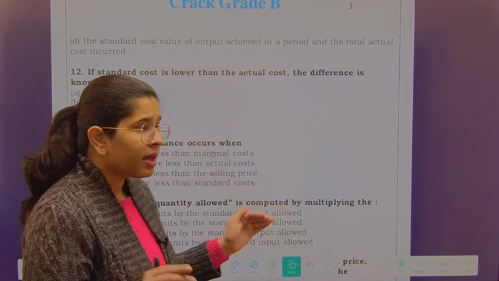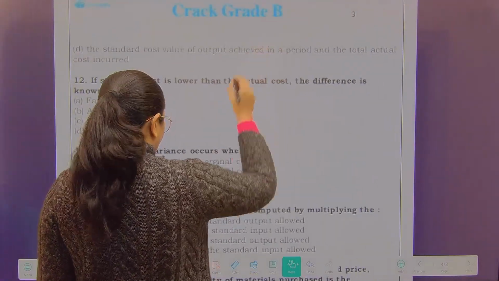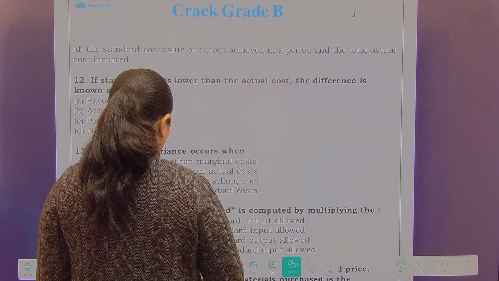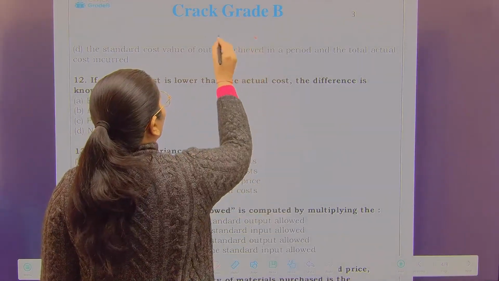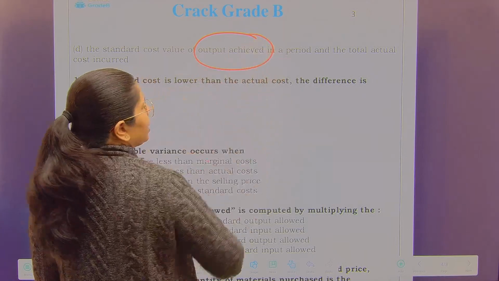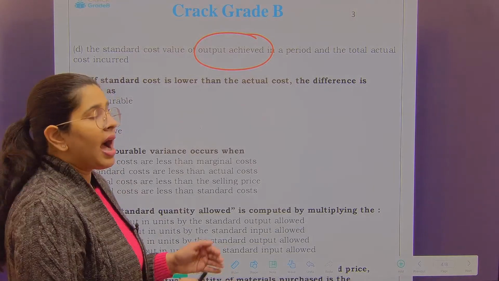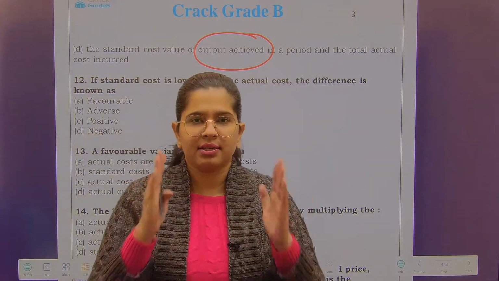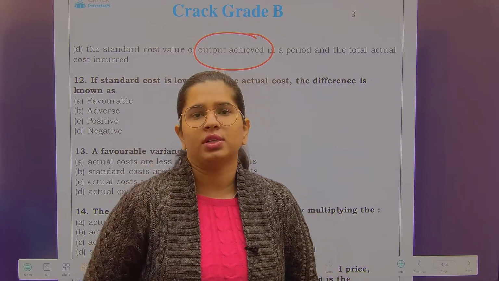No. I want to find out whatever output I have achieved in the particular period, whatever production I have done in the current period, right? Obviously understand this: we are focusing on actuals.